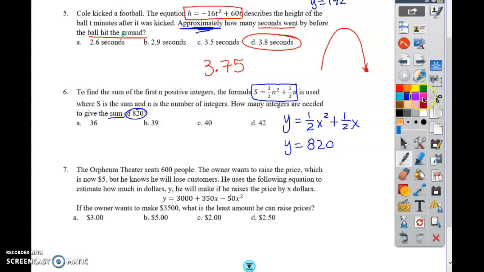Number 7, how would you do number 7? You're going to type this equation in Desmos, and then it's asking if the owner wants to make 3,500, so then the other equation is going to be y equals 3,500. So you're going to type this equation and this equation in Desmos and see where they cross. So pause the video, do both of those, and see what you get.